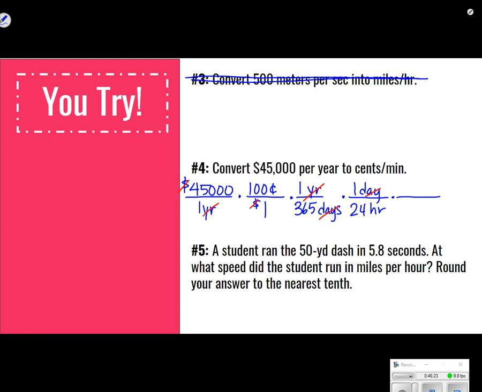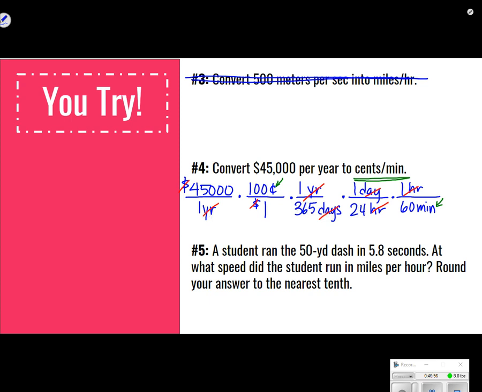And in 1 hour, there are 60 minutes. Here, cents per minute. That's what I'm looking for. So I know I can stop and then just start shoving stuff in the calculator. $45,000 times 100 cents. Divide that by 365, divide that by 24, and then divide that by 60.